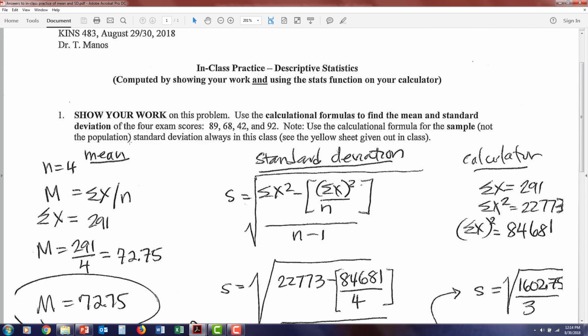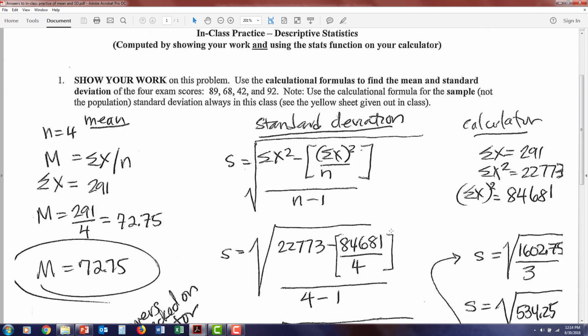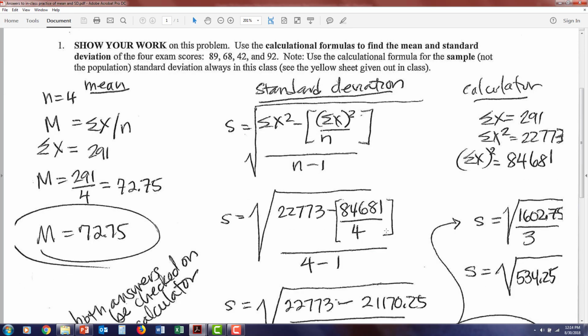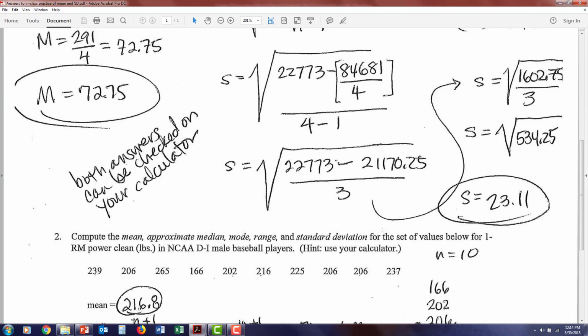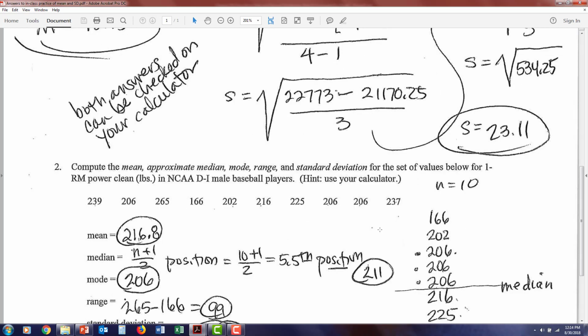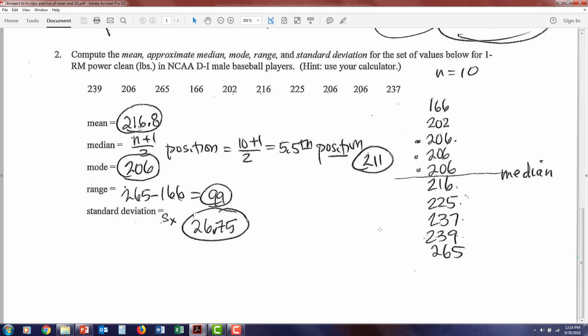Rarely will I ask you to show your work and do all of this, but it's going to give you a couple more points on the exam if you do this correctly and turn this in either Wednesday, Thursday of next week. Then you can use your calculator to come up with the mean, all right? You can figure out using your calculator the difference between the highest and the lowest score for this distribution of scores, okay? You can calculate using your calculator the standard deviation, which on my calculator comes out as something like this, okay?